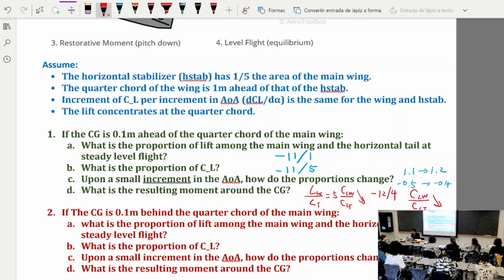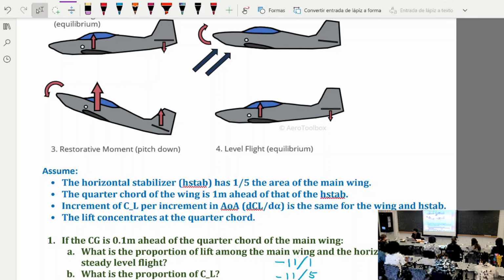Okay, what is the resulting moment around the CG? You can do it numerically, or you can do it intuitively. So let me just do it numerically over here. So the total moment is equal to 0.1. Let me define the moment as moment counterclockwise, right?